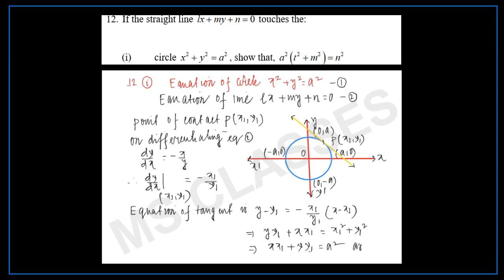As P(x1, y1) is on the circle, it must satisfy the equation of circle.